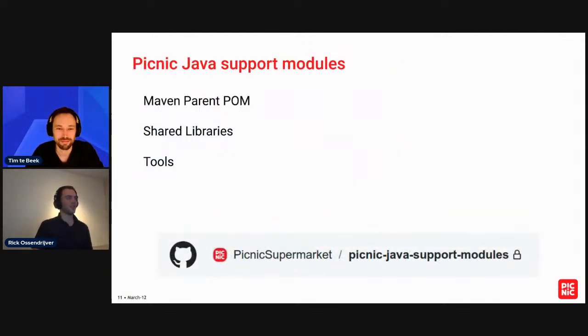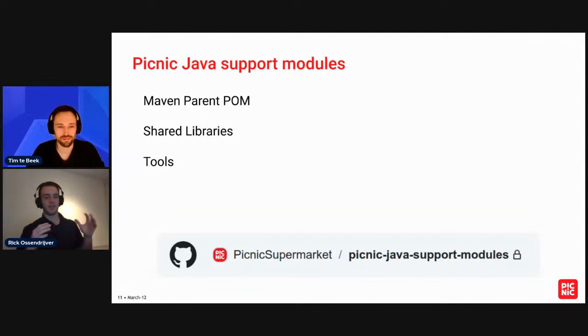Now a bit more context on this Picnic Java support modules and what we have in this repository, and by extension what all the other repositories get as a result of that. So we have a very big Maven parent POM XML where we have a lot of plugins defined: formatting plugin, license plugins, dependency analysis plugins, Maven enforcer plugin. Like there are many examples.